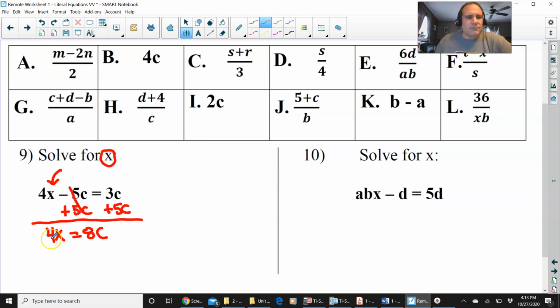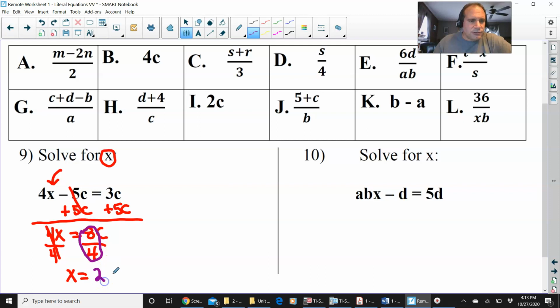All right, so now all you have to do to solve for x is to divide by 4. And then x equals, wait a minute, 8 over 4c. But wait a minute, 8 divided by 4 is 2.